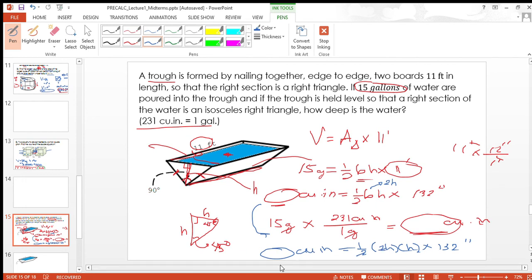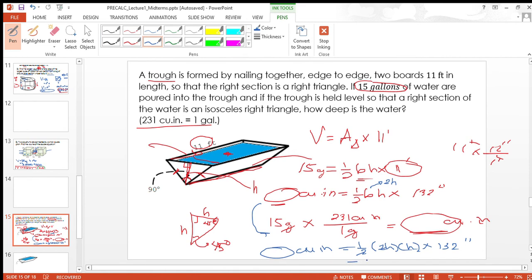O yun, substitute na kayo value. Substitute the value here equals H squared times 132 inches. Okay? There you have it. Therefore, your H squared will now be, kung ano man yung value doon, I did not compute it. I don't have my calculator with me right now.